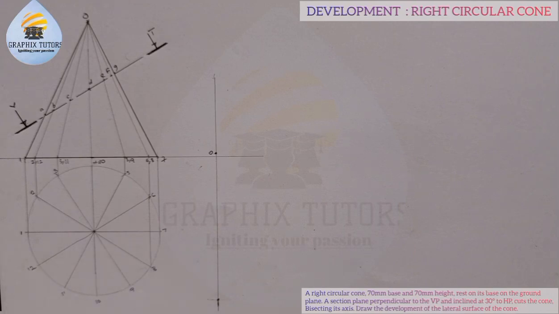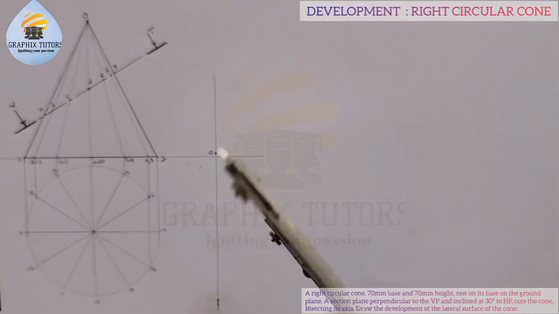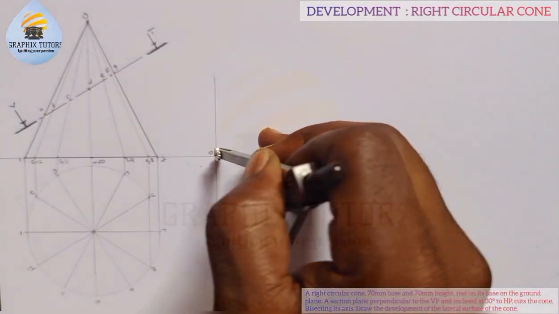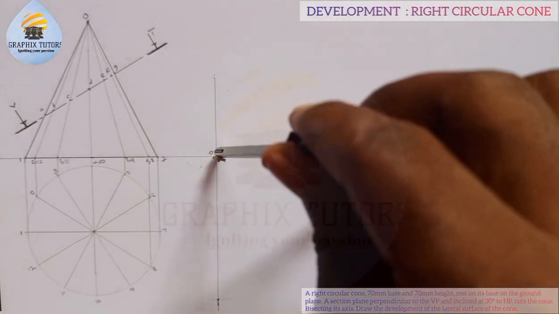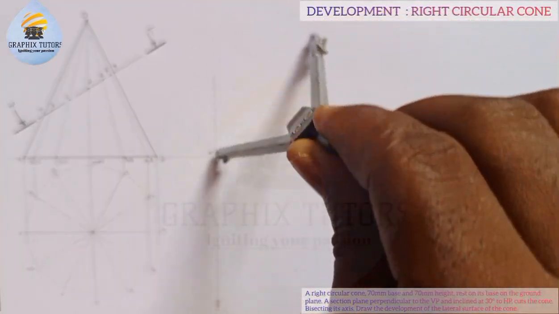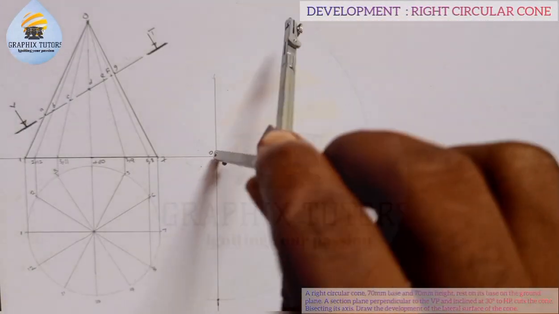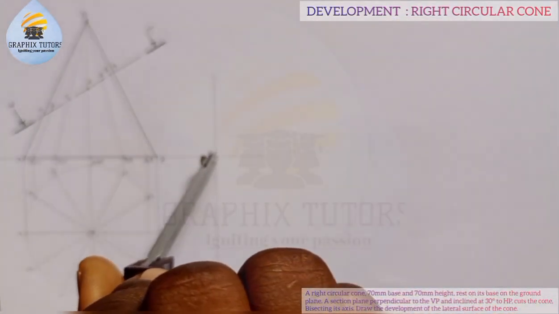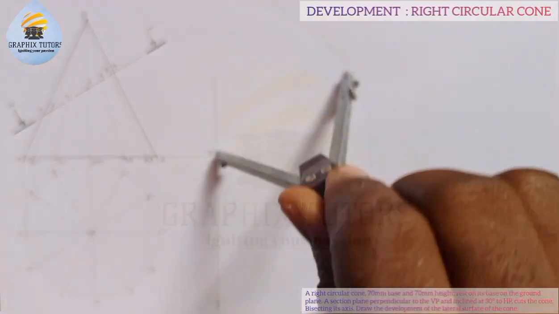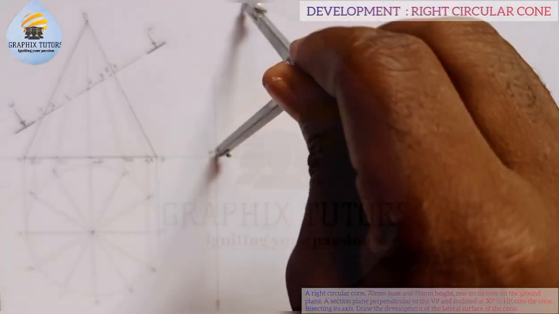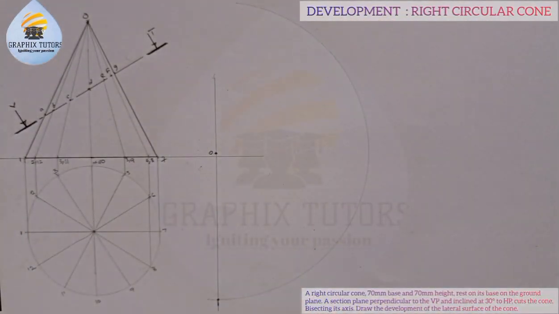So with the radius of that, placing it from O to 1, I will draw an arc. You can see that from O to 1.